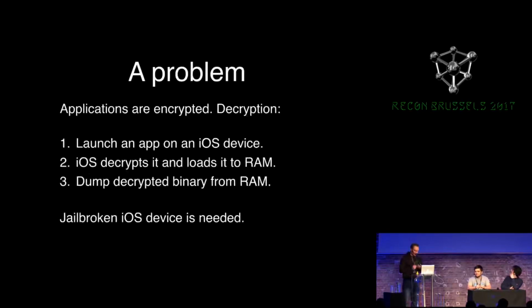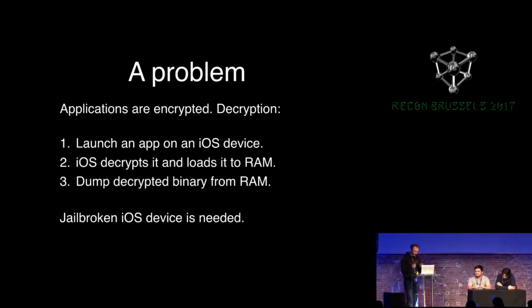Getting an application binary is not as trivial as it may seem, because all iOS apps are distributed through the Apple AppStore only, and the binaries in the App Store are encrypted. Moreover, the only known way to decrypt an App Store application binary is to start the application on an iOS device, let the device's processor decrypt it and load it into memory, and then dump that decrypted binary from memory.